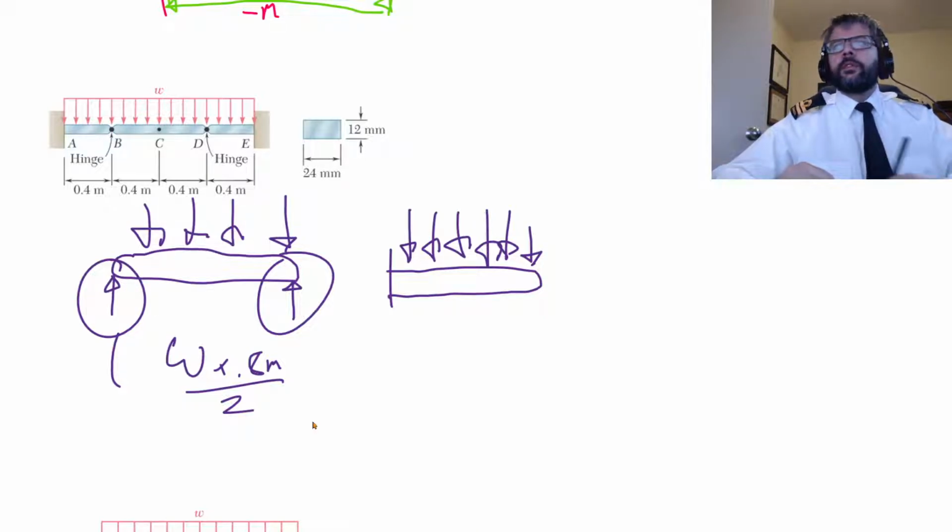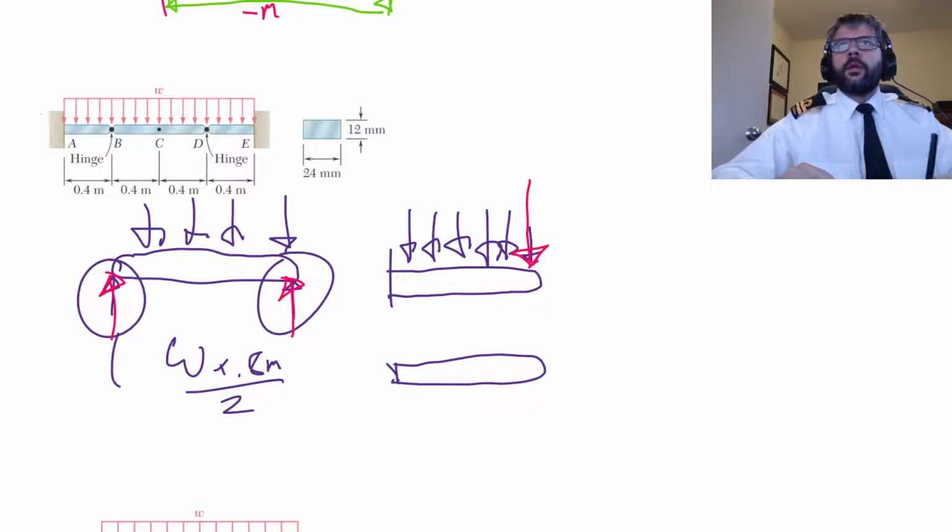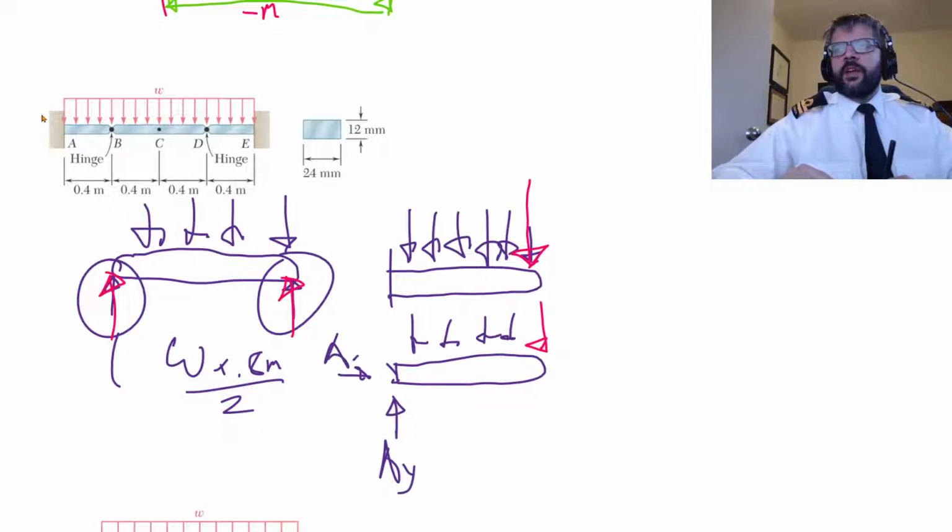I'll draw the concentrated one in red, just transforming this into a free body diagram. And then we'll have a reaction at A, AY, a reaction in X, so that's 0, and then we're going to have a moment. And then we can solve for that.